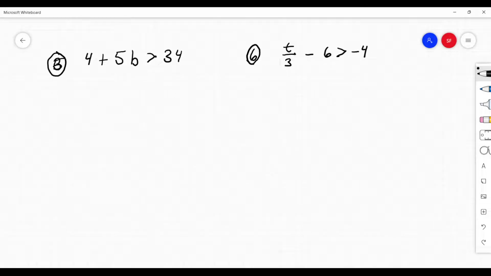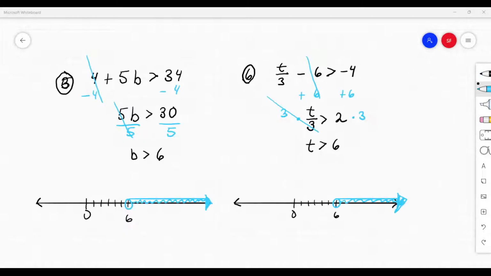I don't know why the screen is freaking out, but yeah, there you go. That's a negative 4. Okay. There you go. Never mind. I did it right.